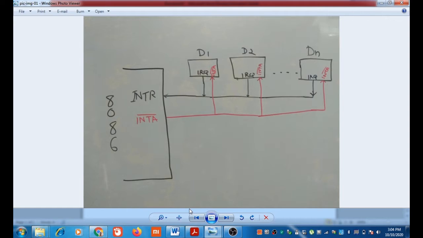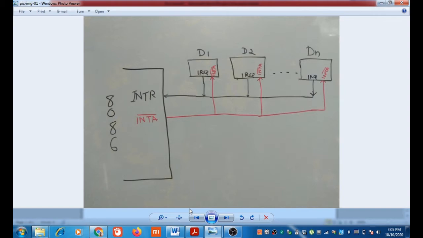When a request from a highest priority device comes, the CPU should stop the service of a lower priority device and initiate the interrupt service routine for the highest priority request. This is not practical with this arrangement.